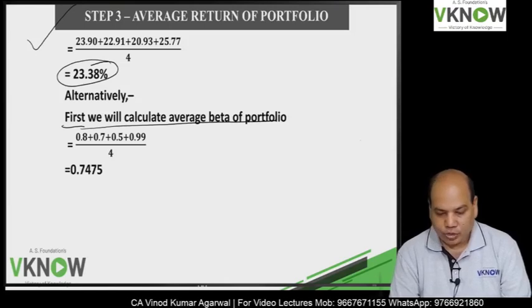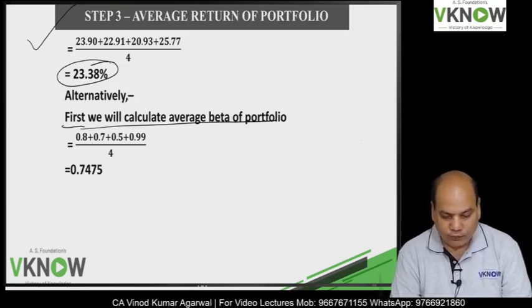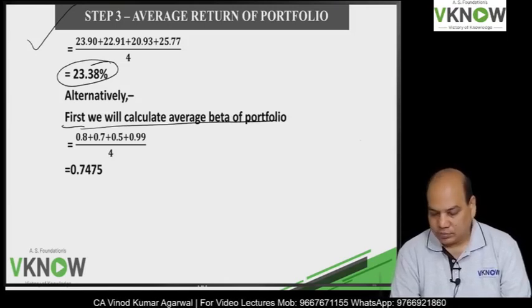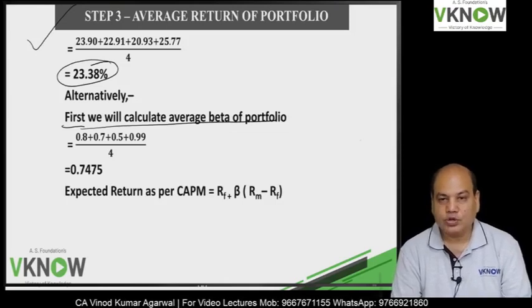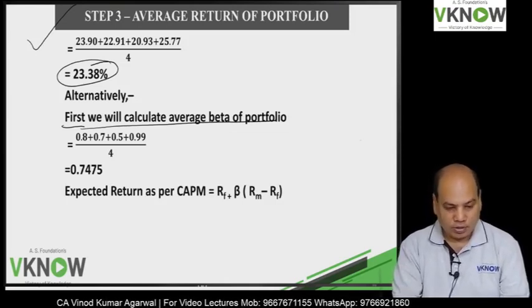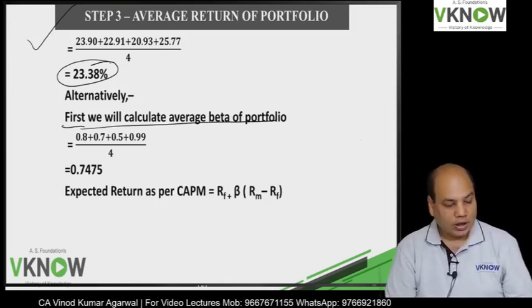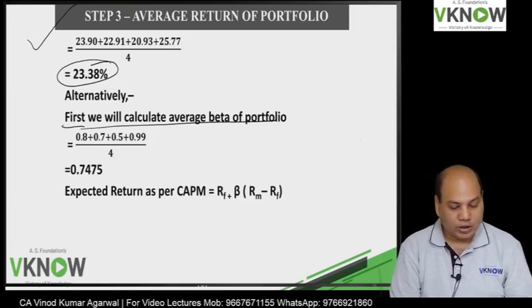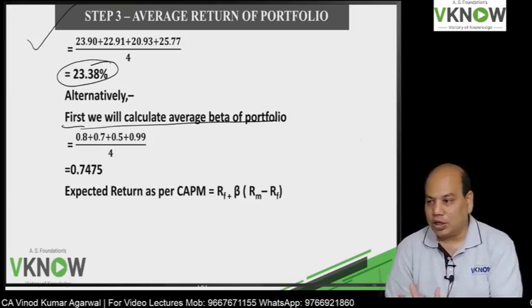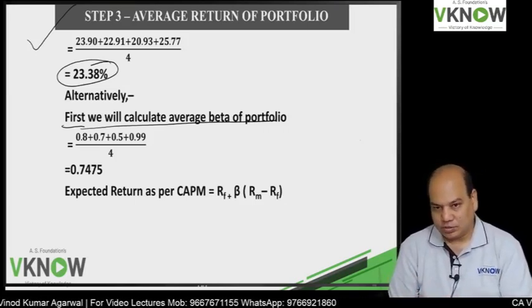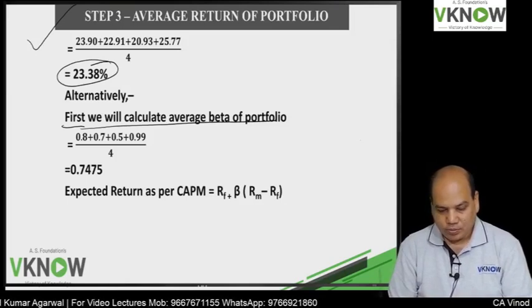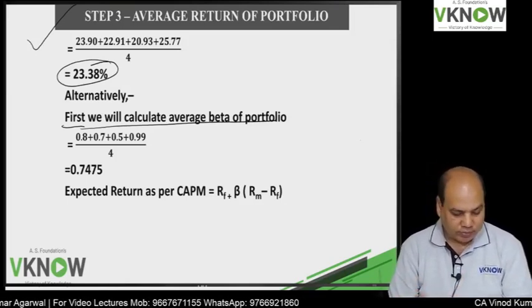So you will get 0.7475, and now you use 0.7475 in the CAPM model. If specifically they tell you anything, then we should know the alternative presentation also. Both answers are not required.